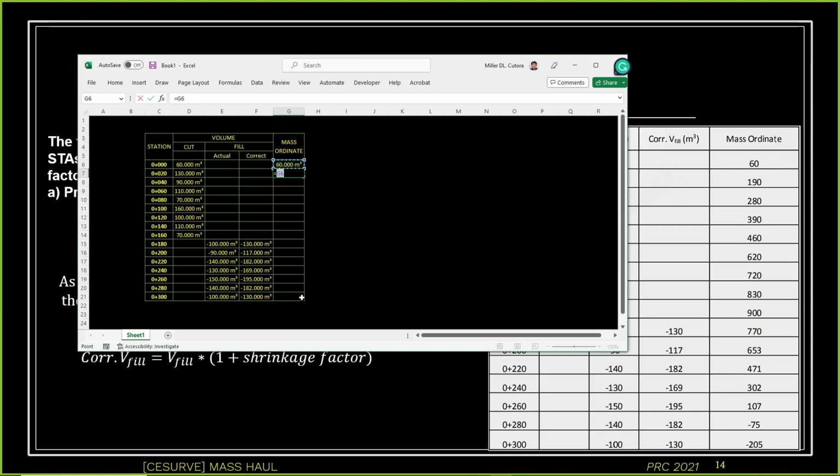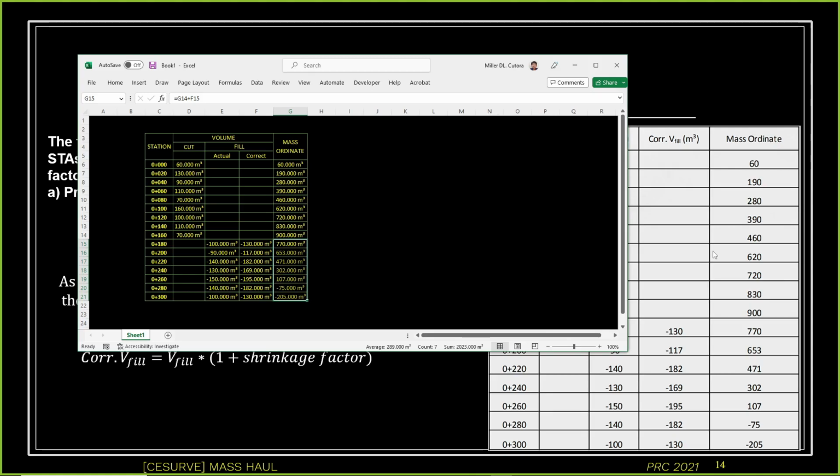So, this one we will add, plus, if manual na lang natin. Then, when we reach here, plus 130. So, here, when we reach the negative side, we will use the corrected value, okay?